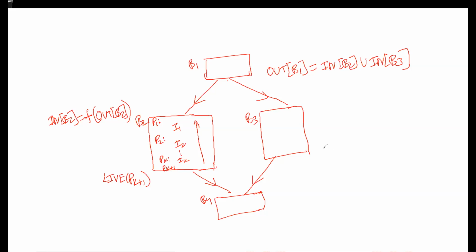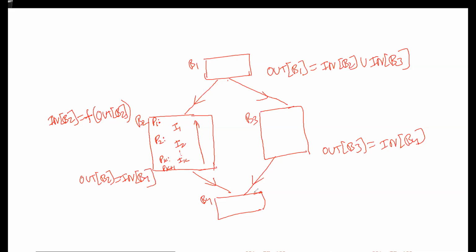The set of variables that are live at the end of basic block B3 is equal to in of B4. And similarly, out of B2 is equal to in of B4.